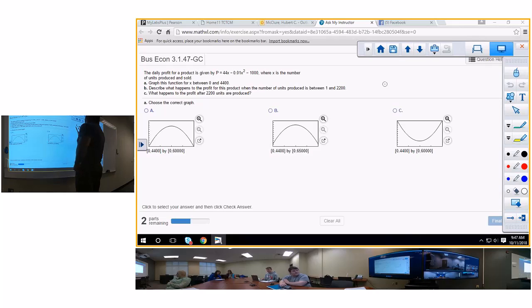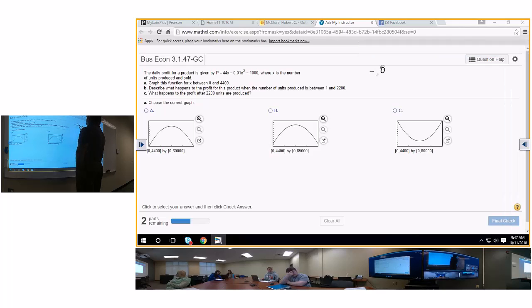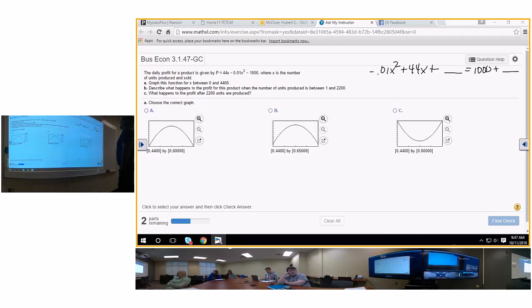If you did try to do it, it would be negative 0.01 x squared plus 44x plus blank is equal to 100 or 1,000 plus blank. I would go through and multiply by 100, and that would give me negative x squared plus 4,400x plus blank is equal to 1,000.